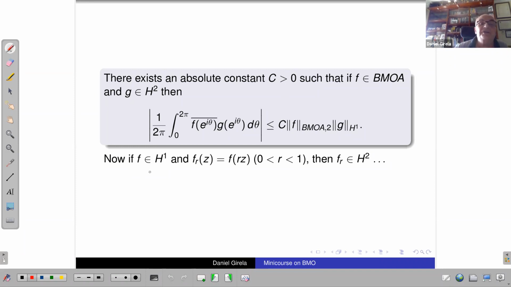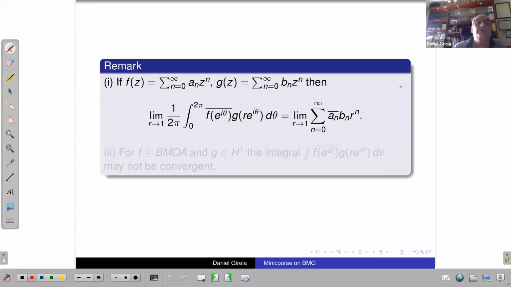Then we approximate g by the function g sub r of z, which is g of rz. We apply the previous lemma, and then we get this approximation, and in this way we get the result that we wanted, that the limit before exists.